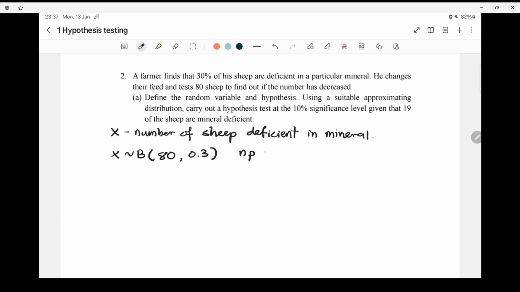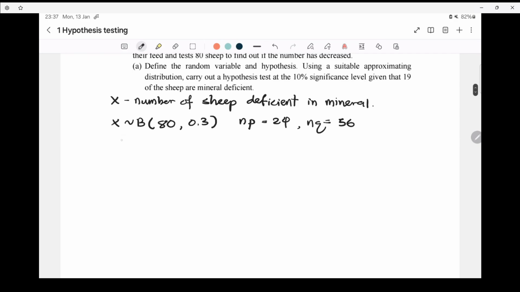If you find np, this is 24, and nq would be 80 times 0.7, 56. So both are greater than 5, so definitely you can do it. So X will be approximately normal with mean 80 times 0.3 and variance 80 times 0.3 times 0.7.